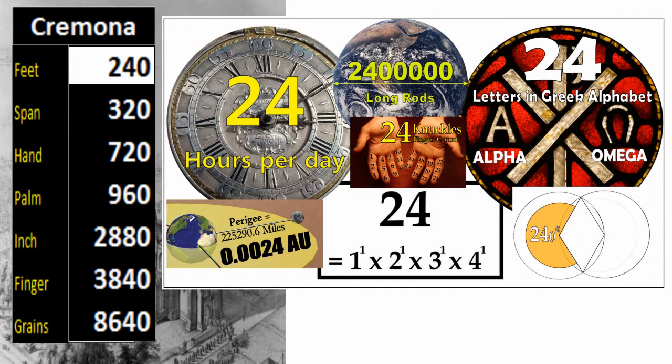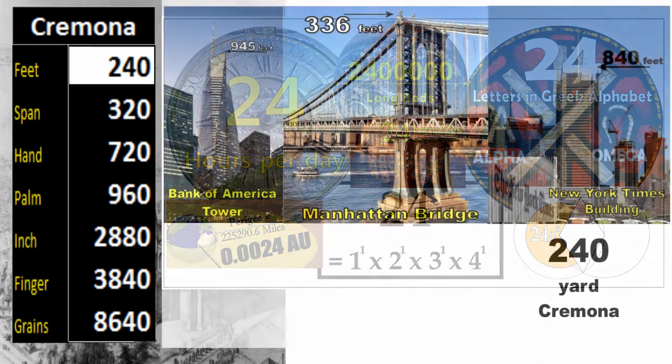But the Trinity Church in the Cremona scale, that's 240 feet, and 24 hours a day, the size of the Earth, digits. The Vesica, a beautiful number from the Tetractys, the Pythagorean Tetractys, which has, if we add them, we get 10. If we multiply them, we get 24. Greek letters in the alphabet, even perigee.